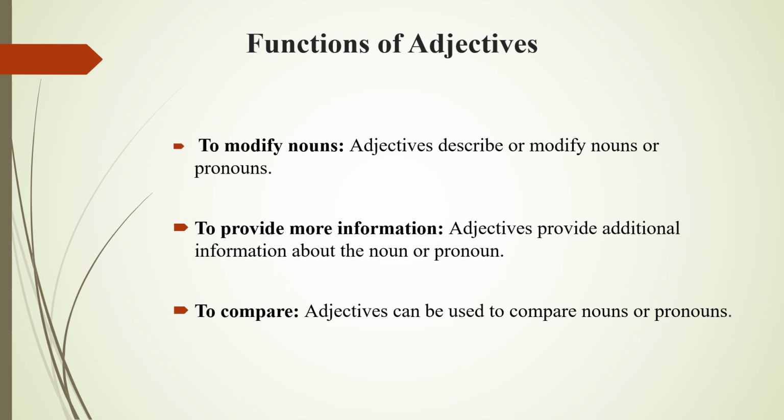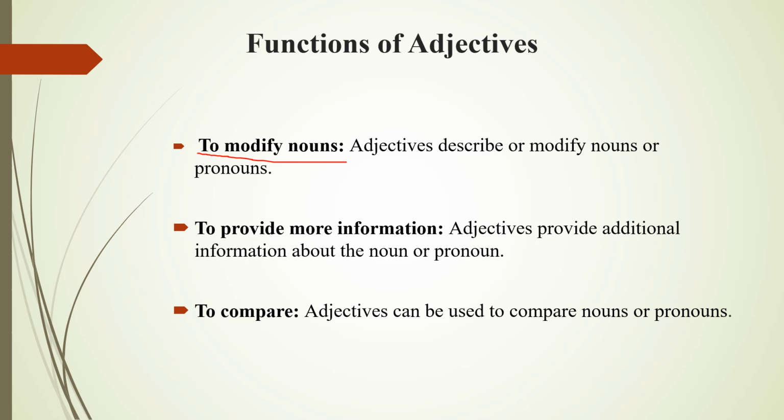Function of adjectives. Adjectives provide 3 types of functions in a sentence. Number one, to modify nouns. The first and foremost function provided by adjectives is to modify nouns. Adjectives describe or modify nouns or pronouns.